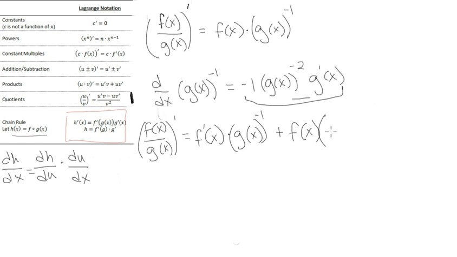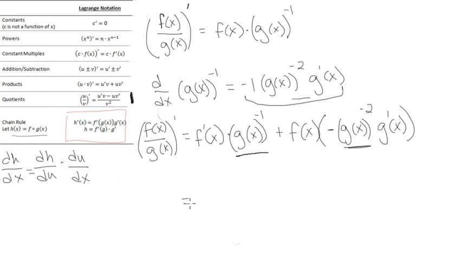So that would be times negative g of x to the negative 2 times the derivative of g. So if we simplify this, notice that we have g of x to a negative power in both cases. I'm going to simplify it by going for the highest power, the negative 2.